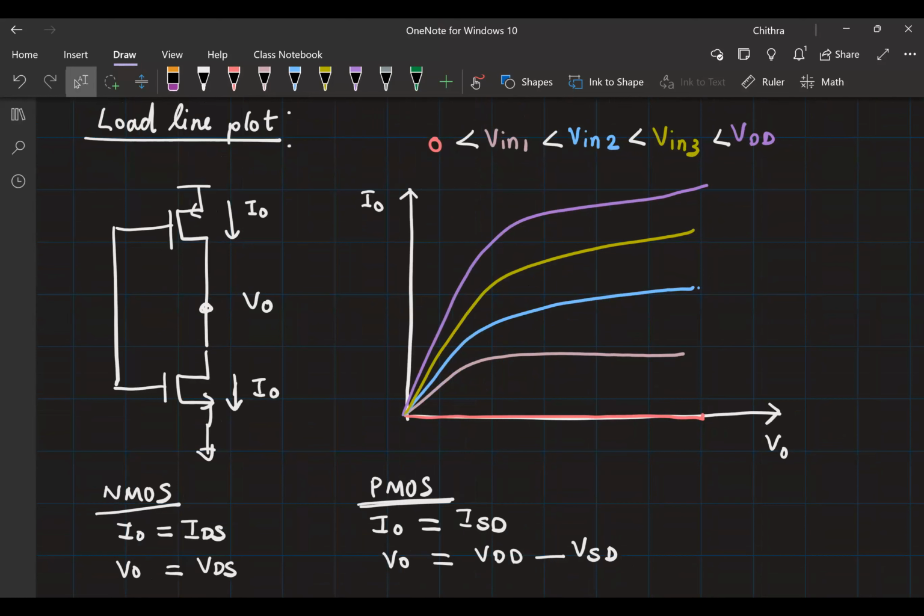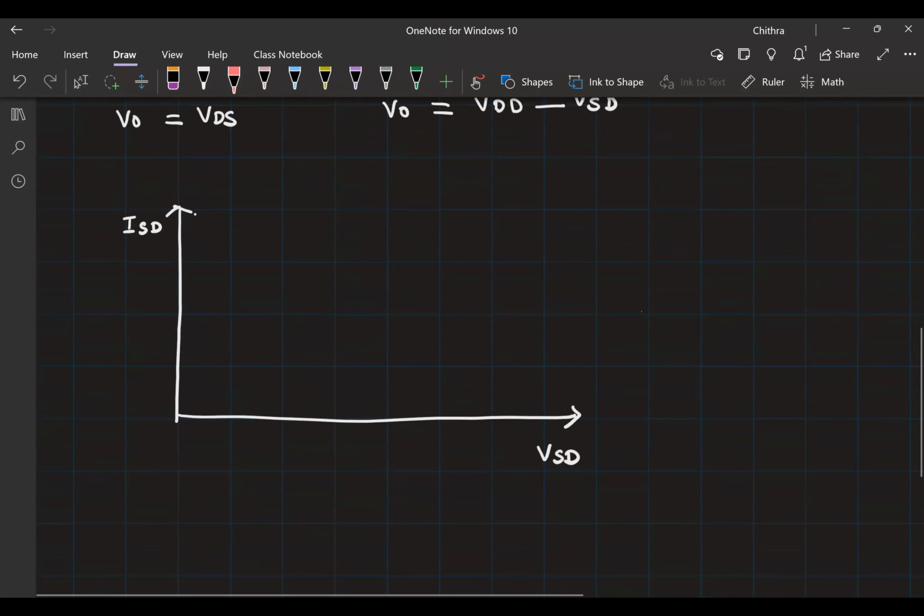So when Vin is equal to 0, what is the VSG for the PMOS? VSG will be equal to VDD. So how would the curve look like? This is the maximum source to gate voltage that you can have, right?